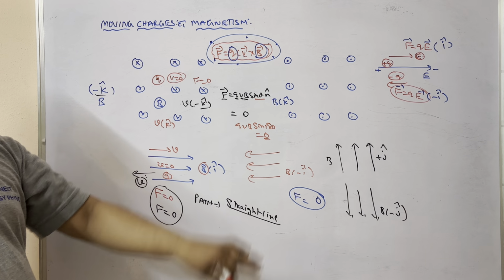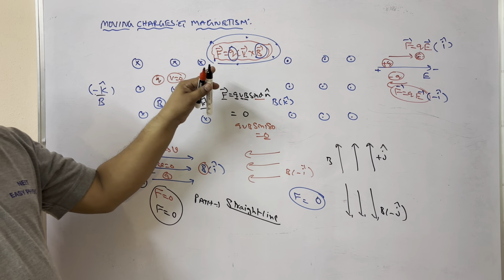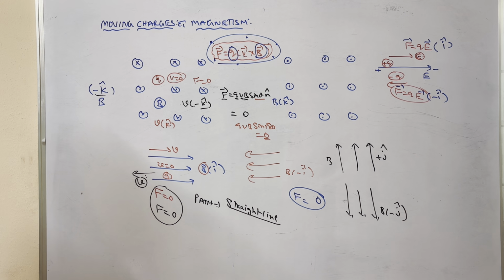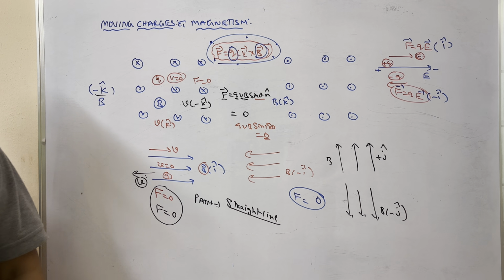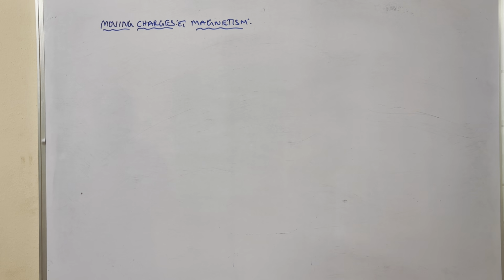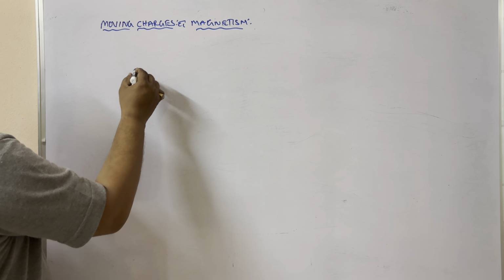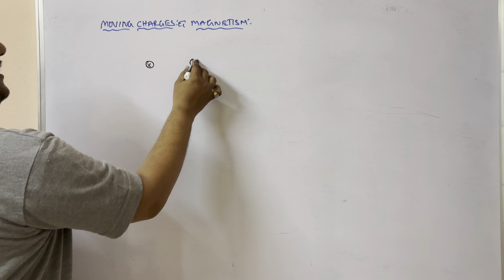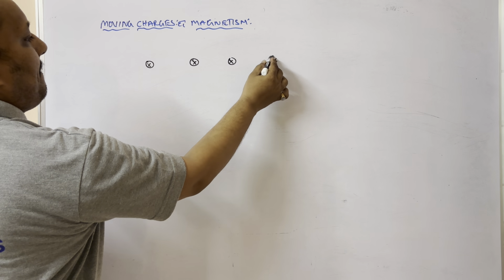Now, if a force is acting, let us assume, then in which direction is that force going to act, we will see, and how to get the directions also, we will see. See here, the magnetic field will be into the board, I am taking.